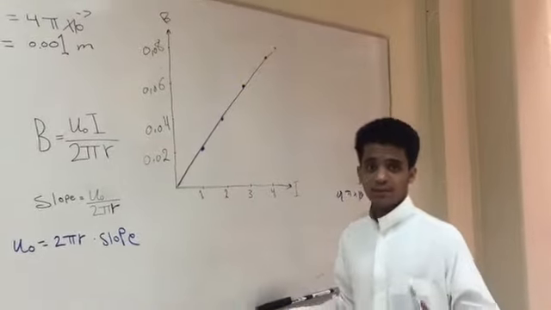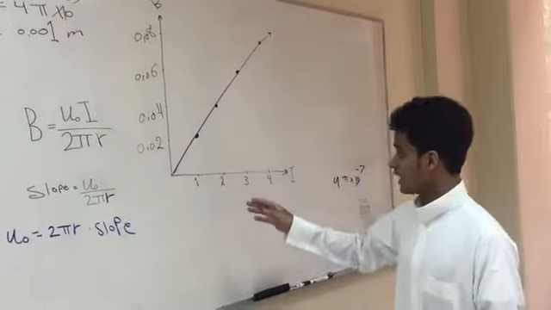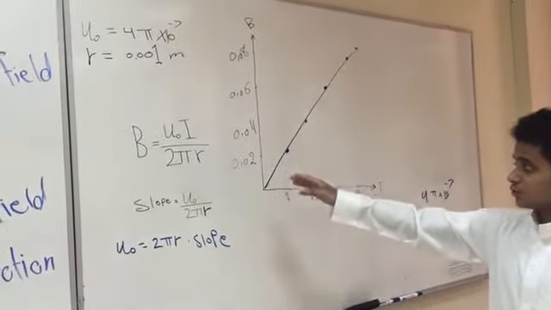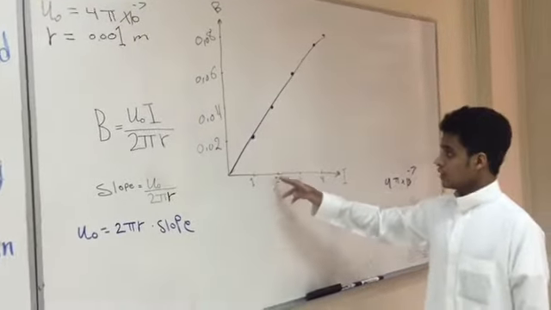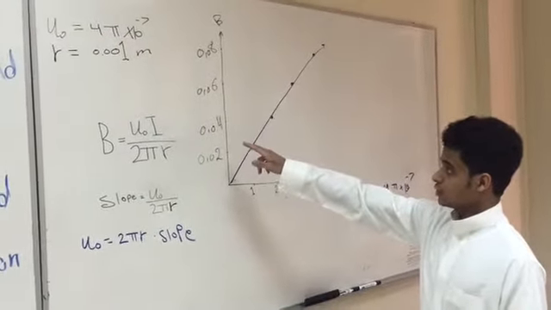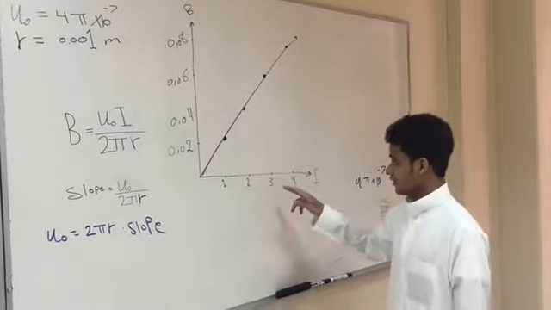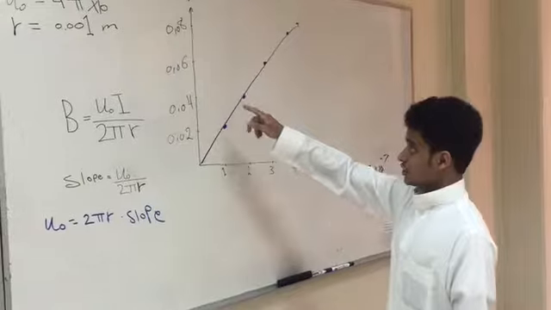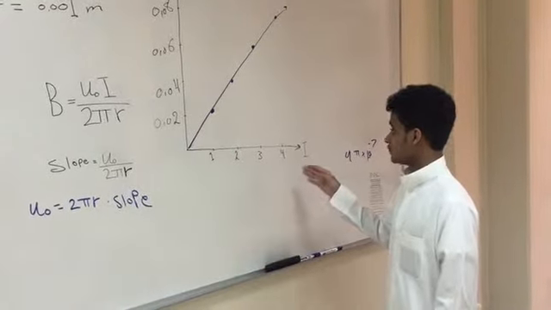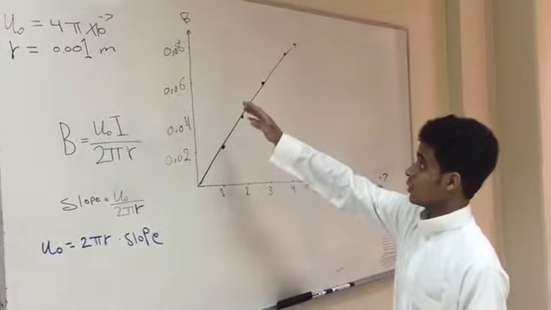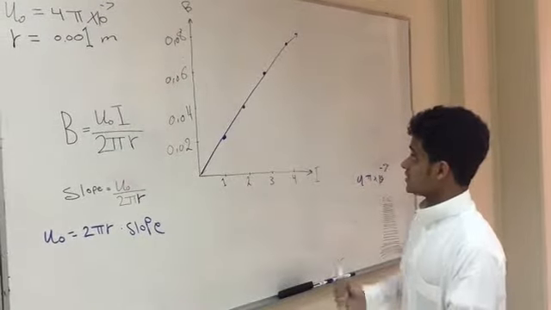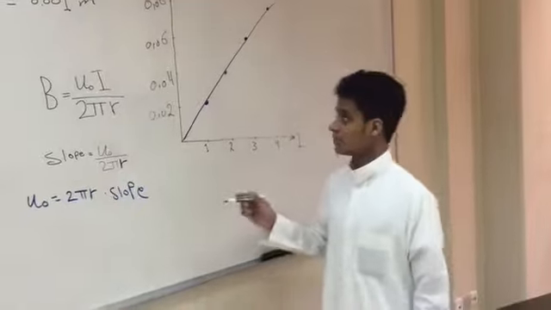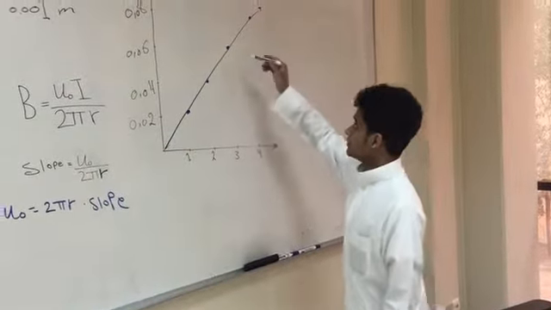In the physics lab, if the current is 1 ampere, the magnetic field should be 0.02, and if the current is 2, the magnetic field should be 0.04, and if the current is 3, the magnetic field should be 0.06, and if the current is 4, the magnetic field should be 0.08, and this is a straight line. If I want to find the slope from this graph, we take 2 points.